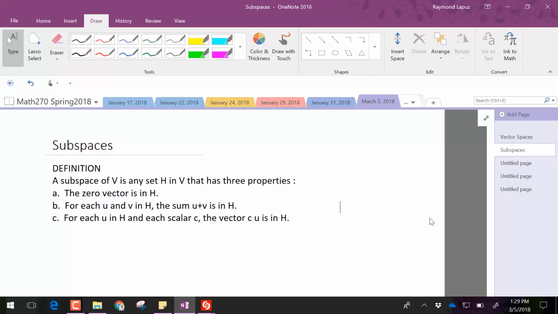And 3, this is a vector space, so the idea of scalar multiplication is defined. It has to be closed under scalar multiplication. And everything else that we saw in the vector space axioms would hold because this is all under the same thing.